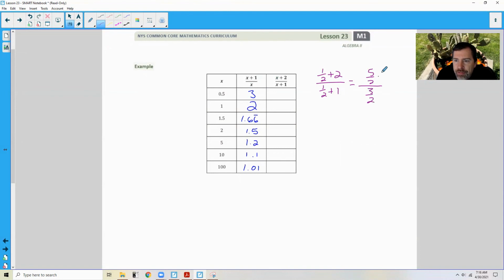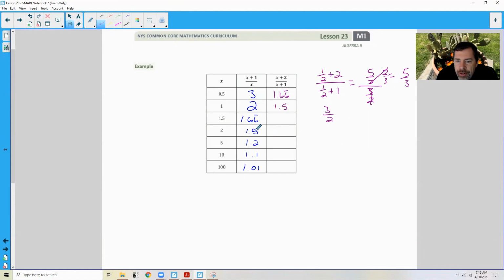So it's 5/2 times 2/3. These cancel, and we get 5/3, which is 1 and 2/3, which is 1.66 repeating. Okay, and then this one is 1 plus 2, which is 3, and 1 plus 1, which is 2. That's 3/2 or 1.5.